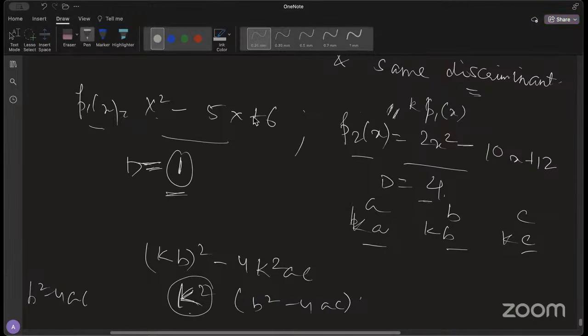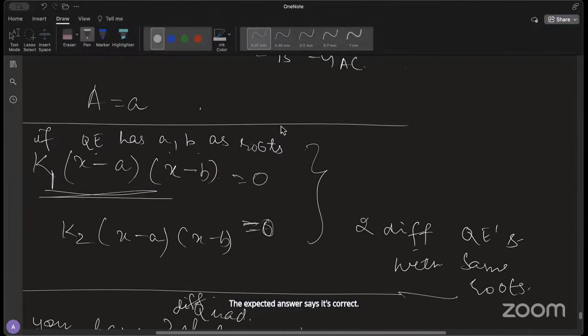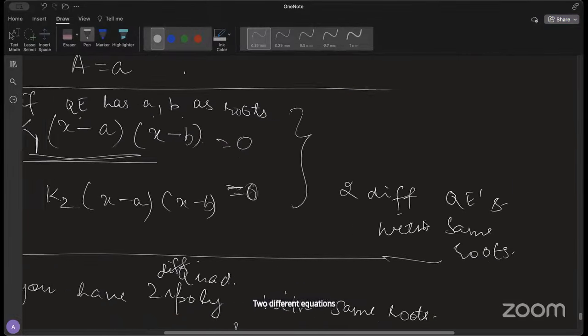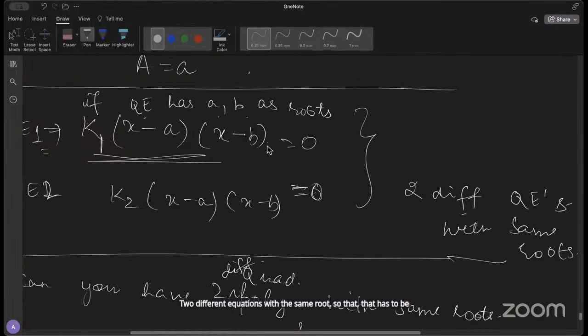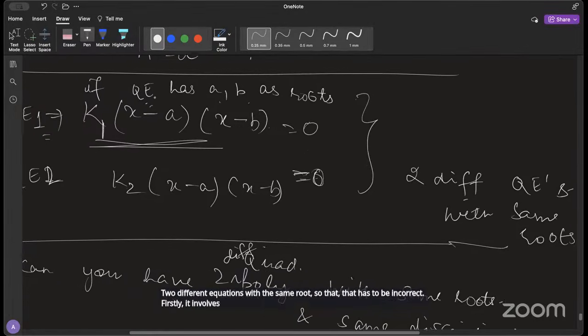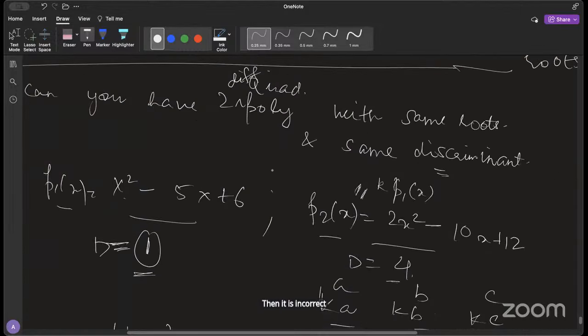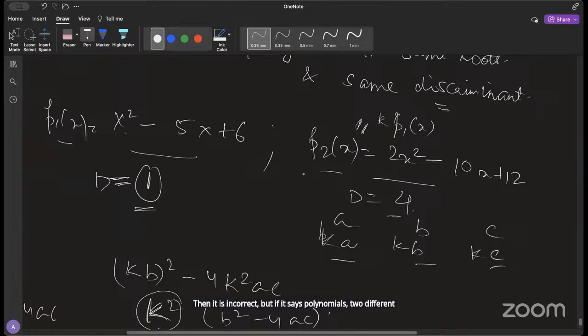Yes, ma'am. The expected answer says it's correct. And what does this say? Two different equations with the same root. So that has to be incorrect. Firstly, if it involves equations, then it is incorrect. But if it says polynomials, two different polynomials, then it can be correct. Is that okay?